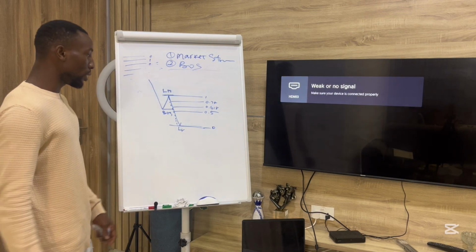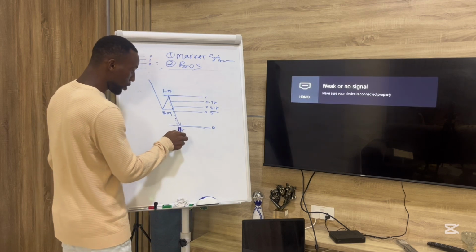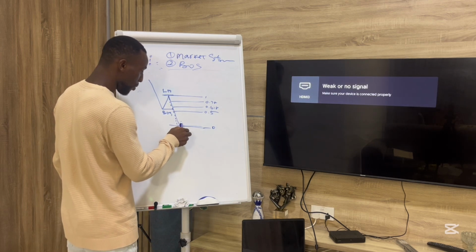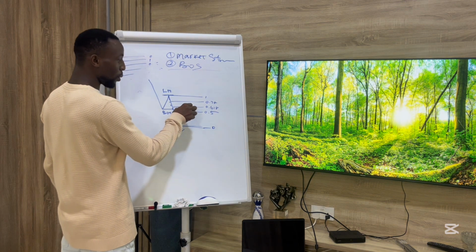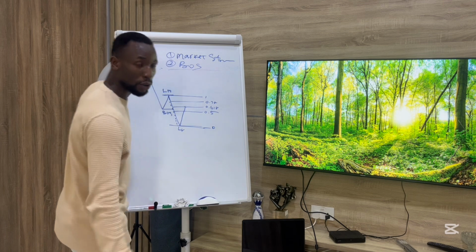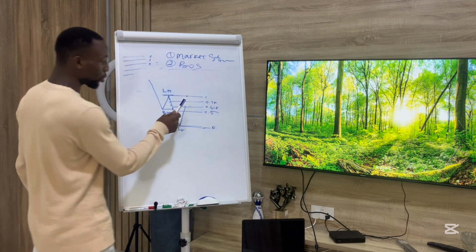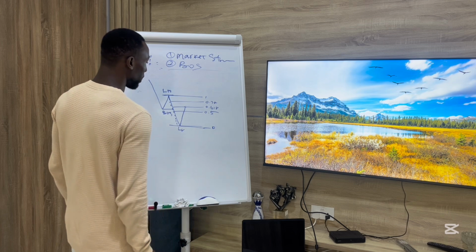Now all you need to do is the same thing, wait patiently for the market to retrace all the way from the lower low to the 0.618 area. That's when you should be looking for a sell position. That's when you should be looking for entering for a sell. You understand?